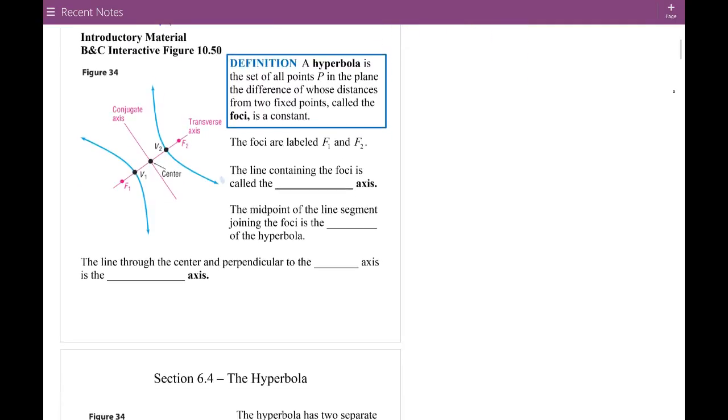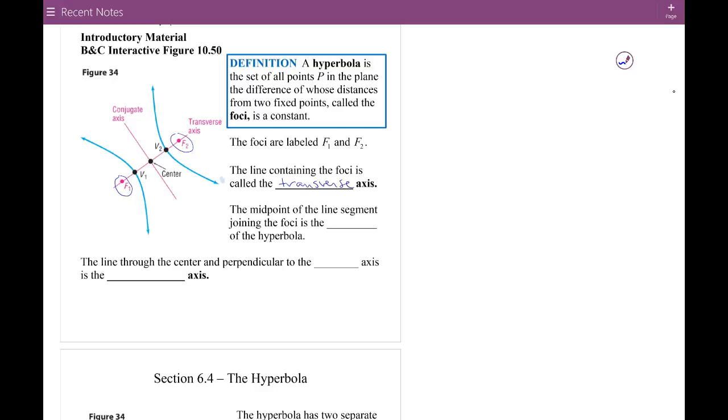A hyperbola is once again a geometric object, so it's described as a set of points. In this case, it's the set of points where the difference of the distances from 2 points called the foci is constant. The foci are labeled F1 and F2. The line containing the foci is called the transverse axis.